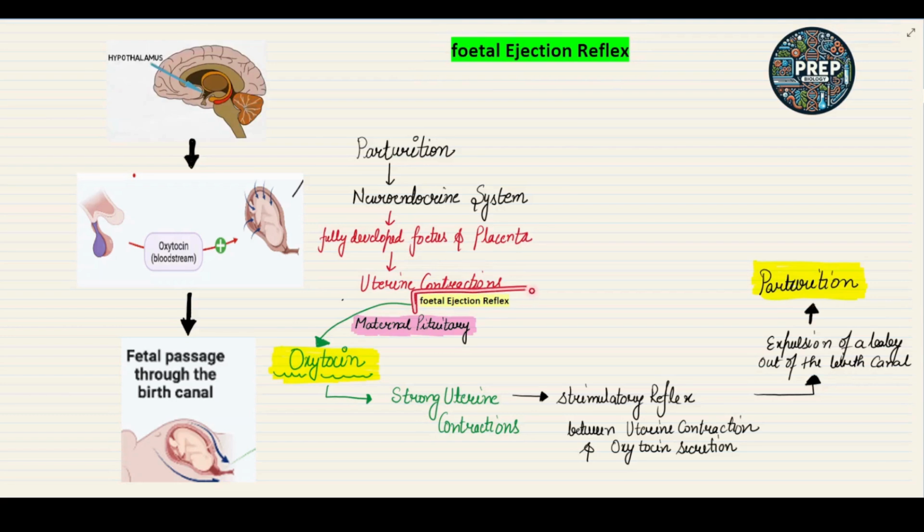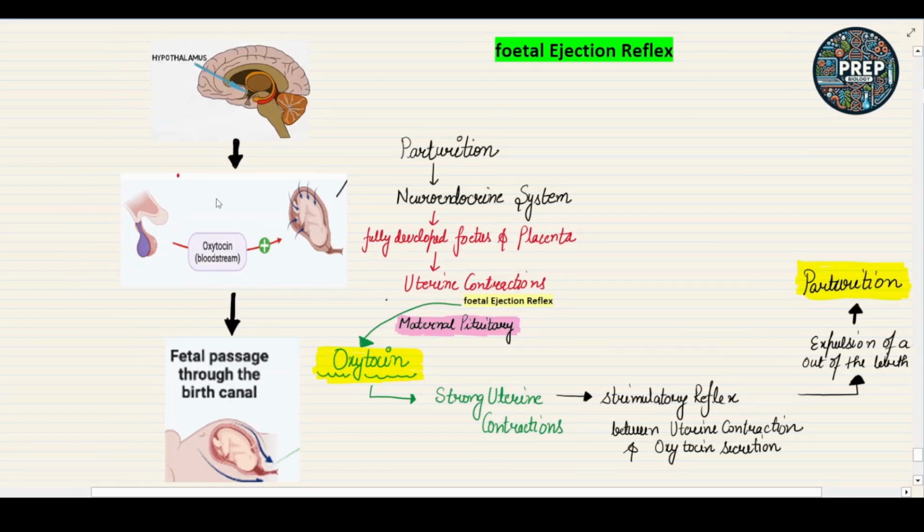So what happens when the fetal ejection reflex takes place? It triggers the female brain. If we see this picture, below the brain we have the hypothalamus region, and the pituitary gland is present there.